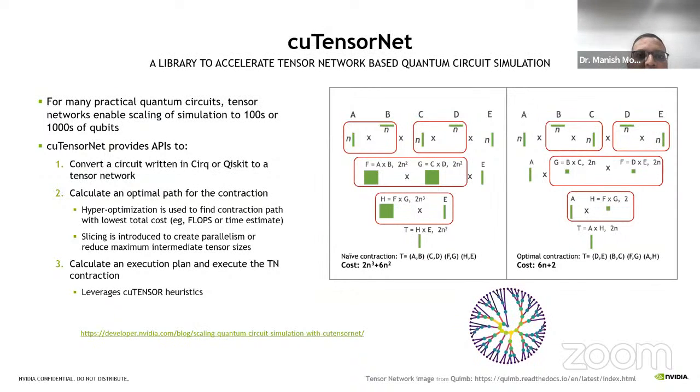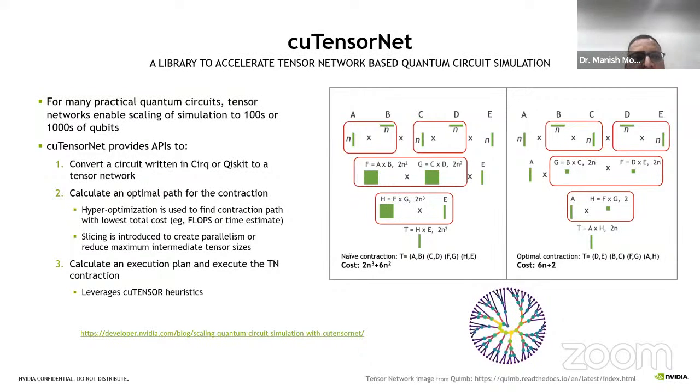Similarly, there is the TensorNet, which gives significant speed up. For many practical quantum circuits, tensor networks are required, which gives simulation up to hundreds to thousands of qubits. Earlier, with all three algorithms, we could go up to around 30 qubits.